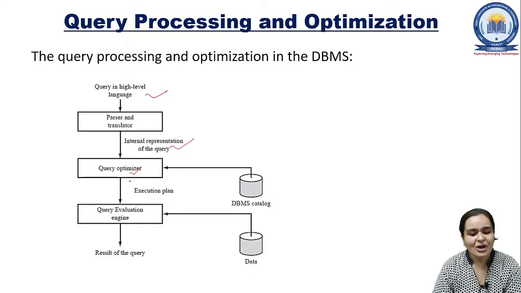When we execute a plan, it depends upon the statistical information that we have about the database catalog. Once we choose an execution plan, it goes to the query evaluation engine, and ultimately the result of the query comes out.